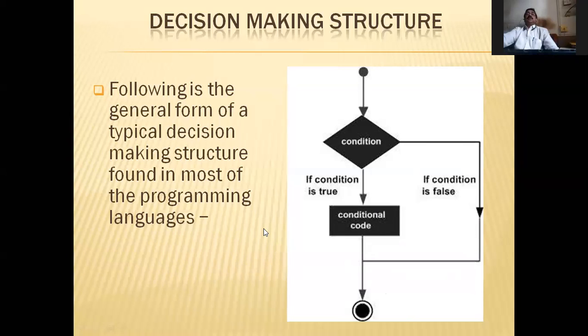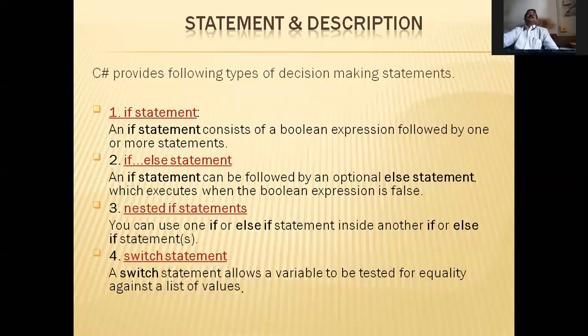Okay, next we shall try out the C# statements and descriptions. See here, C# provides the following types of decision making statements. We know that C, C++, and C# provide the same type of decision making statements.